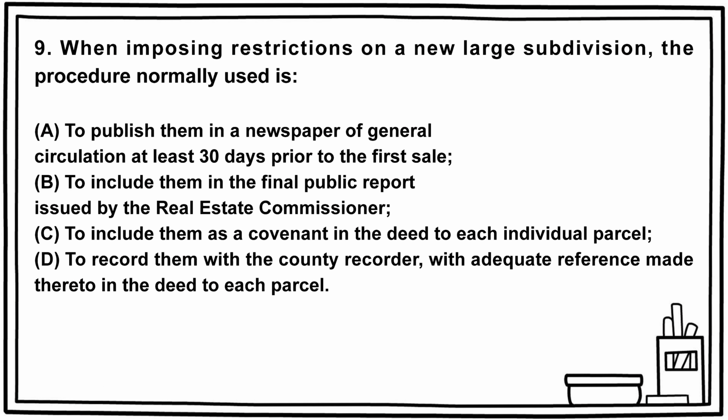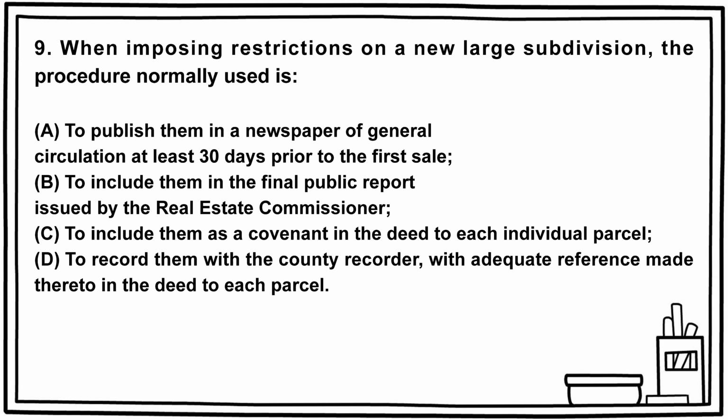9. When imposing restrictions on a new large subdivision, the procedure normally used is: A. To publish them in a newspaper of general circulation at least 30 days prior to the first sale. B. To include them in the final public report issued by the Real Estate Commissioner. C. To include them as a covenant in the deed to each individual parcel.